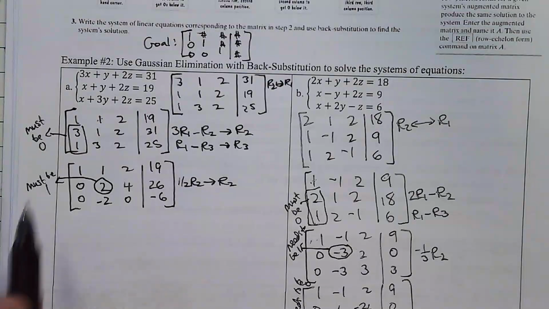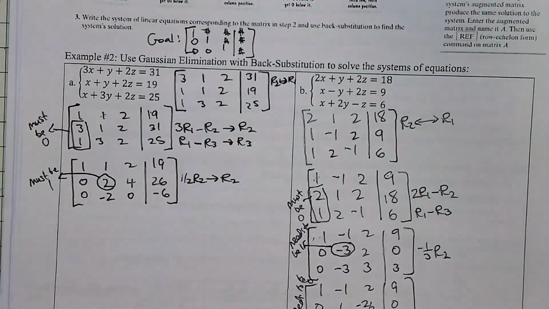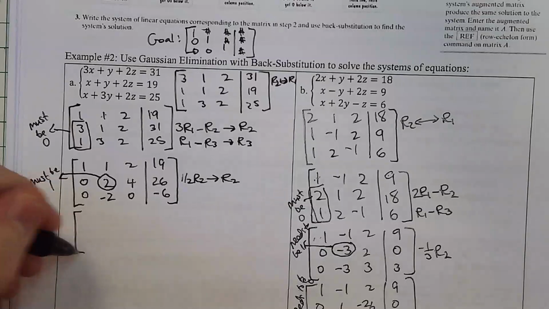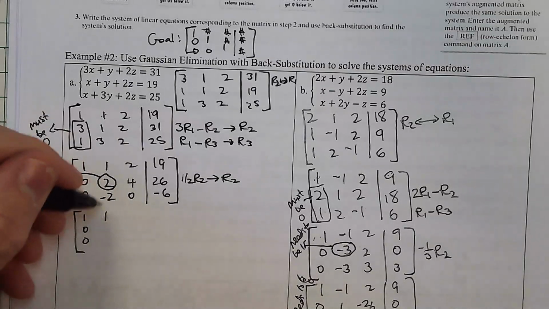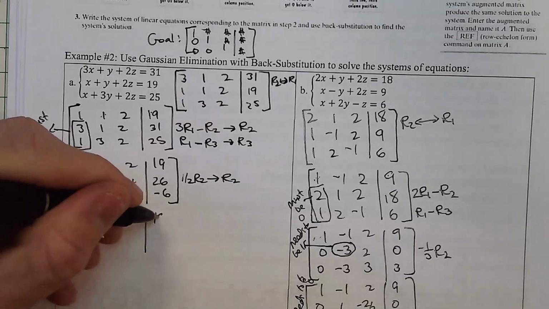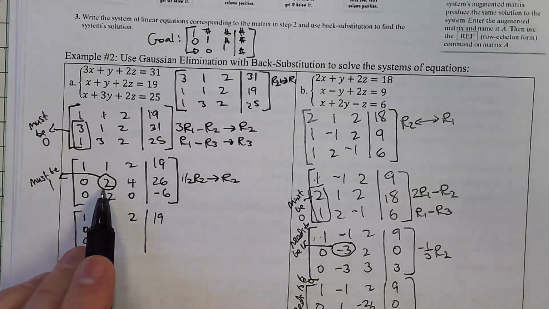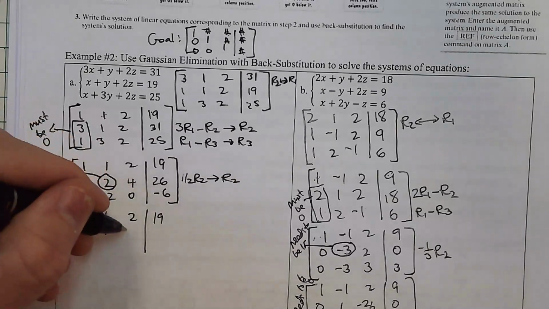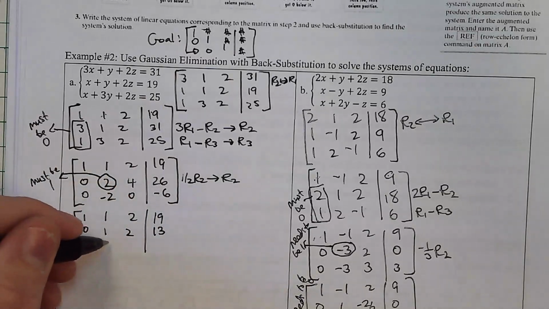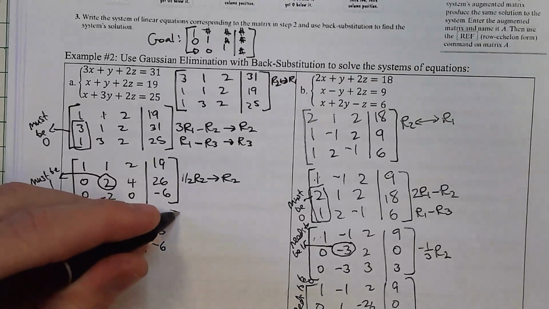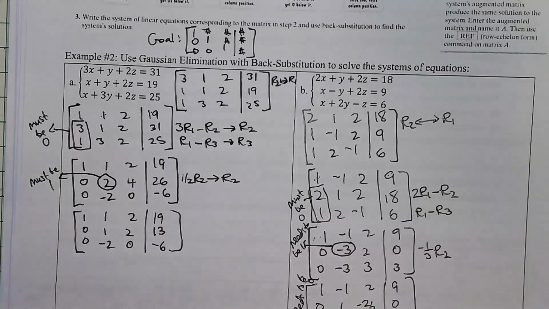So 1, 0, 0, 1, 2, 19. You take half of these. Half of 2 is 1. Half of 4 is 2. Half of 26 is 13. So that's 1.